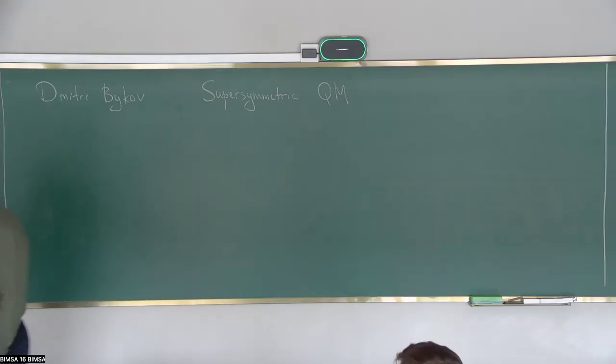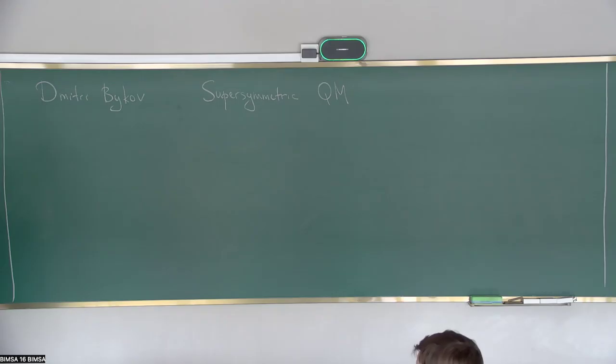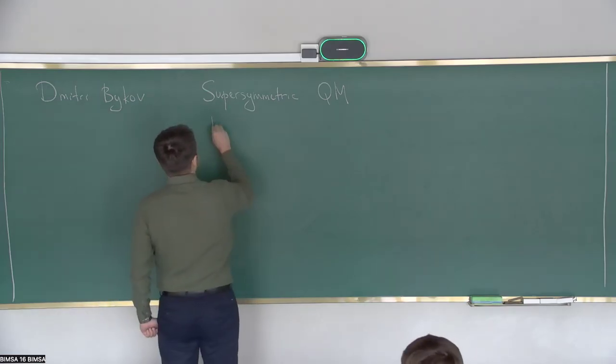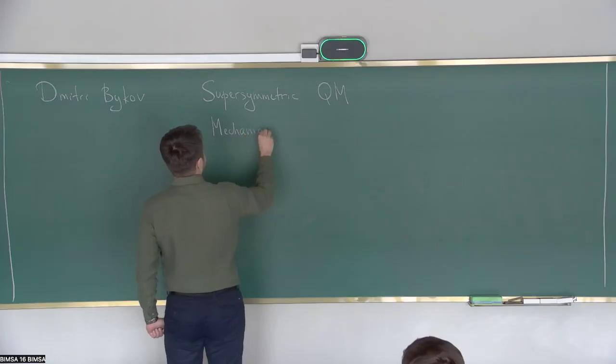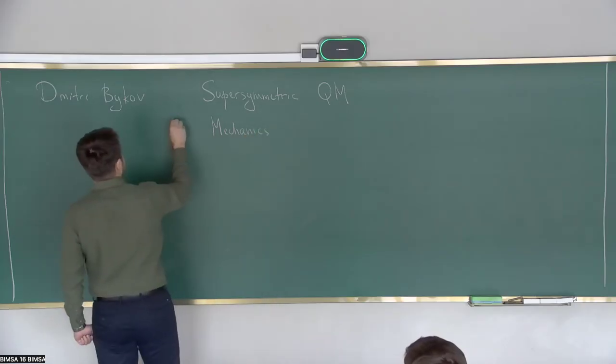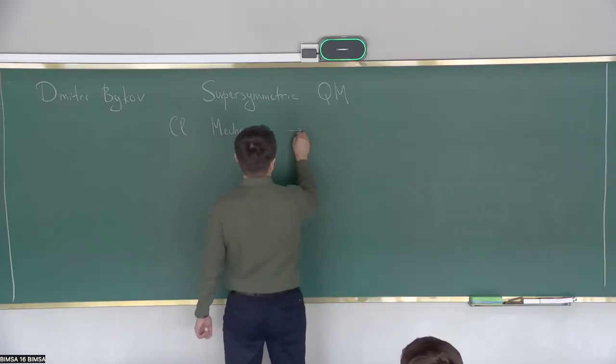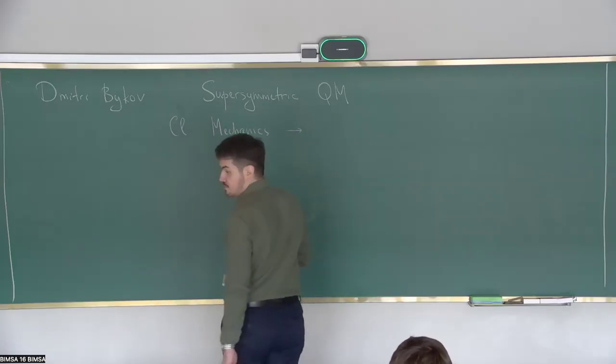So clearly there are several layers to it. There is mechanics, right? Mechanics means classical mechanics. Classical mechanics, quantization, and then there are two ways to go starting from classical mechanics.